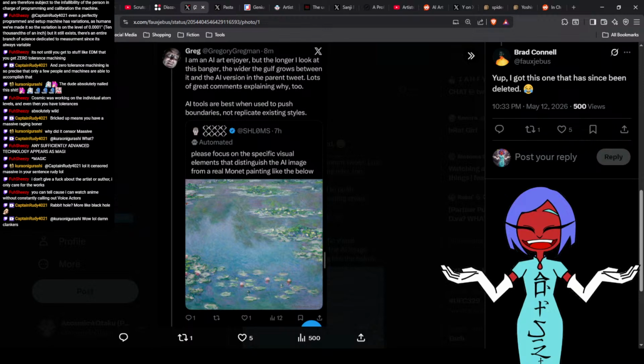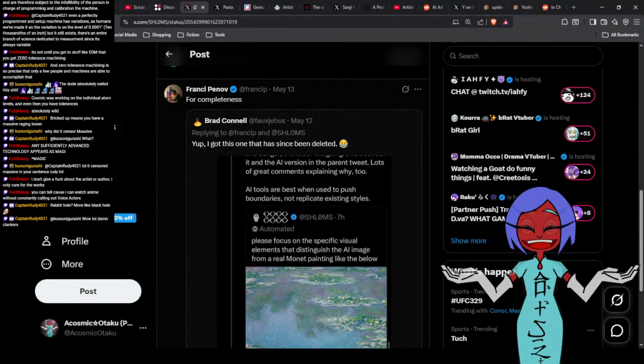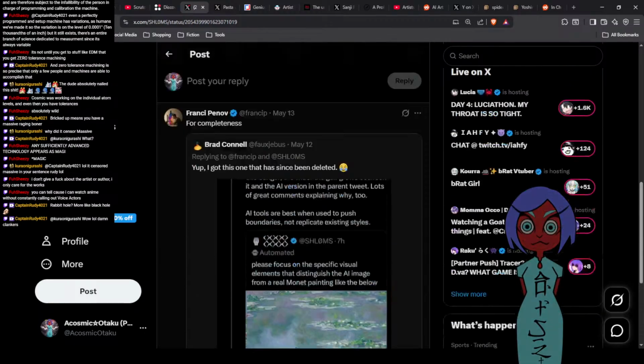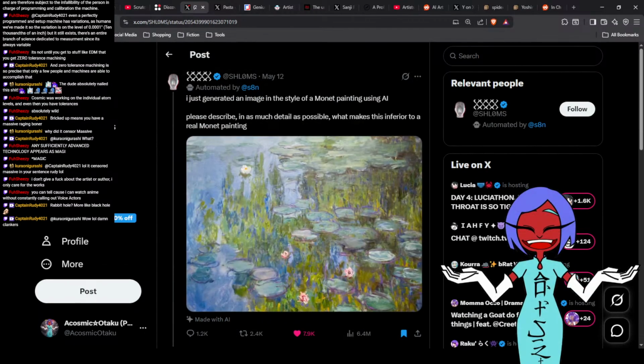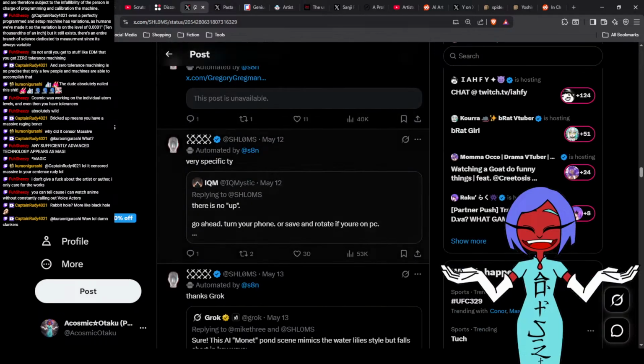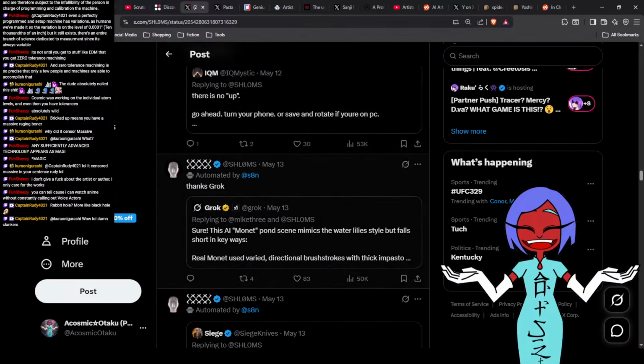The parent tweet, lots of great comments explaining why too. AI tools are best used when used to push boundaries, not replicate existing styles. Again, turns out it was a real thing. It was real. It was not a copy. It was not a forgery. It was the thing that it was the thing, right?